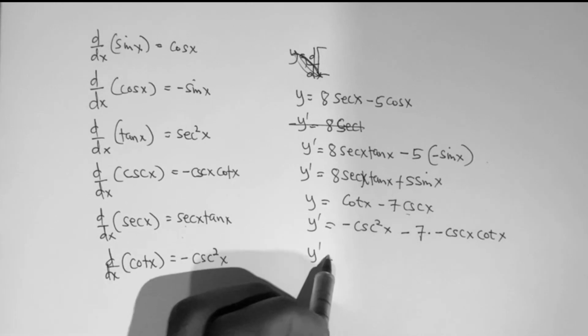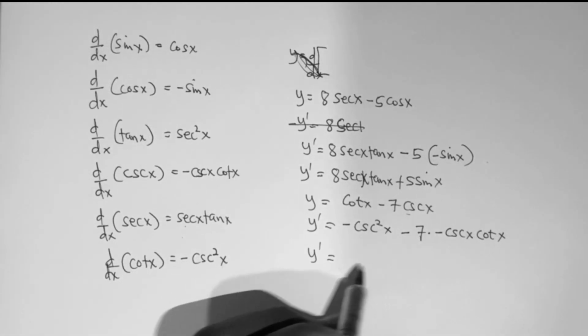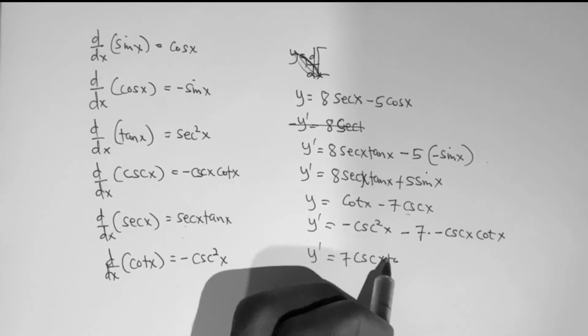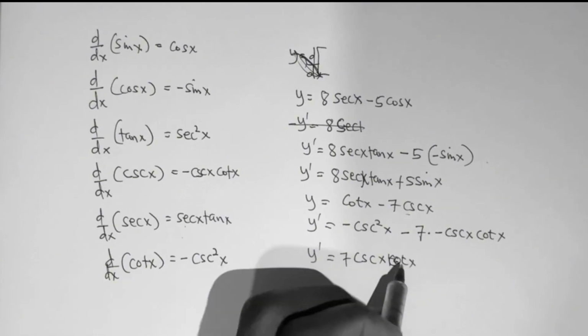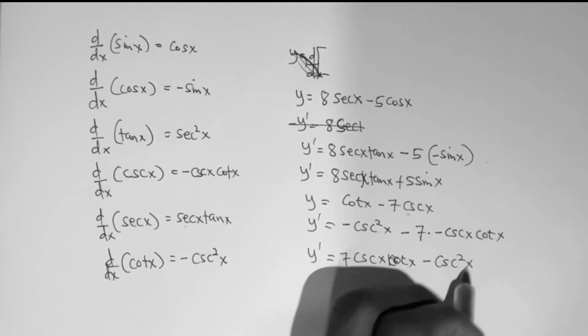So y prime is equal to minus 7 times minus cosec x cot x becomes 7 cosec x cot x, then minus cosec squared x.